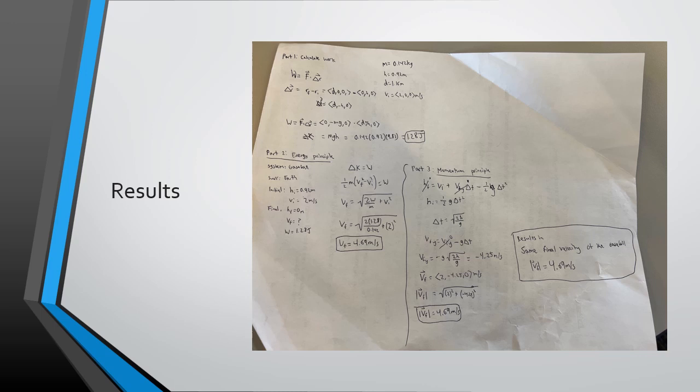And I solved for final velocity, and after that, I got the vector of the final velocity. And after going for the magnitude, I got exactly 4.69 meters per second, which is the exact same I got in the energy principle calculations in part two. So I got the same final velocity either way.